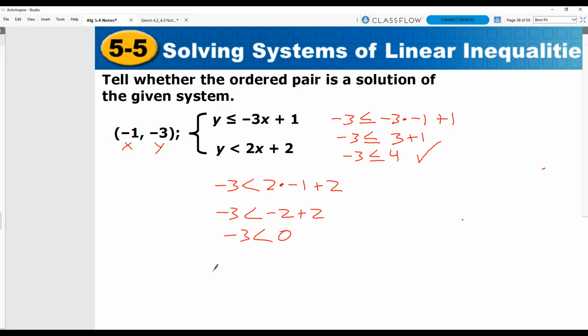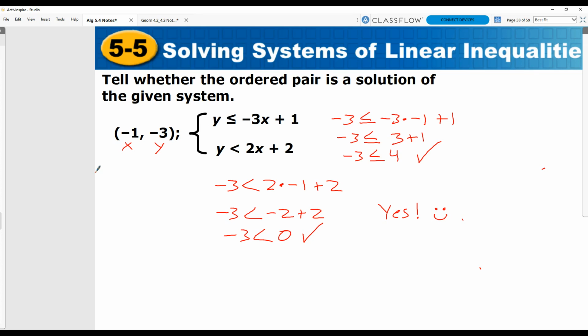Check to see if it's a true statement. It is. -3 is less than 0, so check, and this would be a yes. These end up working out to be an ordered pair that would be a solution to this system. So if we graphed these two lines, this would fall into that blended shaded region is what that is telling us.